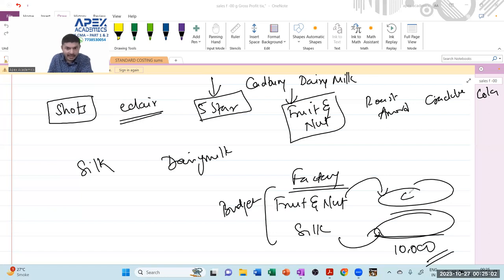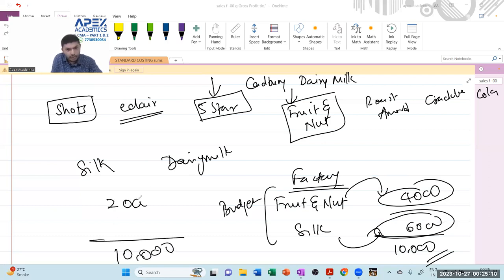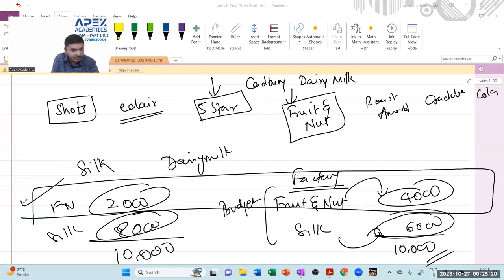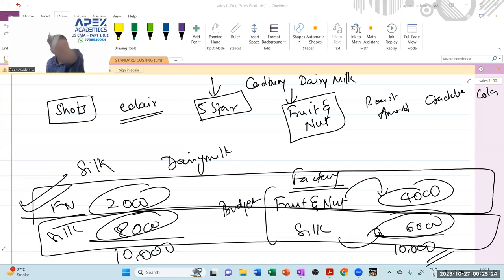In this I am budgeting 4,000 units of Fruit and Nut inputs and 6,000 units of Silk inputs. You achieved a 10,000 output, but in this you had 2,000 of Fruit and Nut inputs and 8,000 of Silk inputs. I am trying to see what I budgeted for Fruit and Nut as an input, is it accurate? And what I budgeted for Silk as an input, is it accurate? Are you understanding? Yes or no?